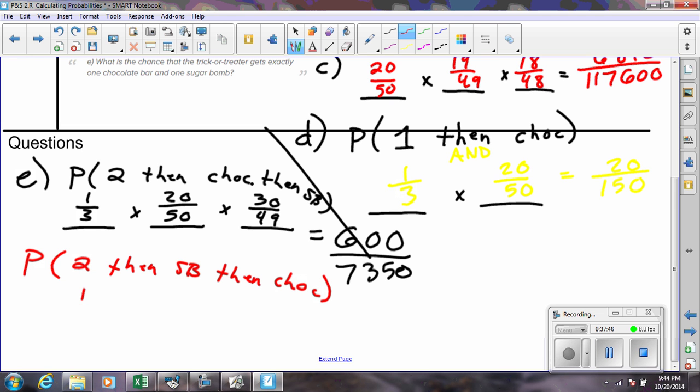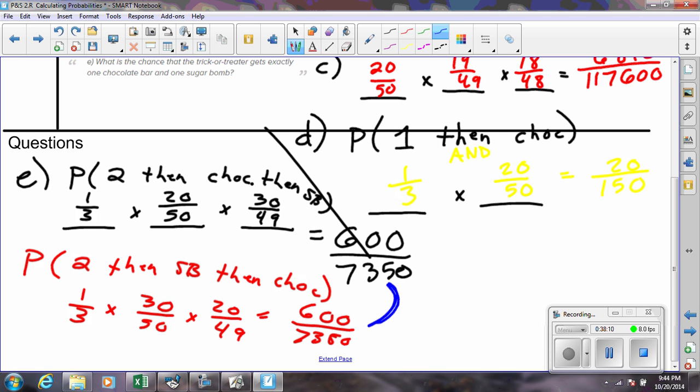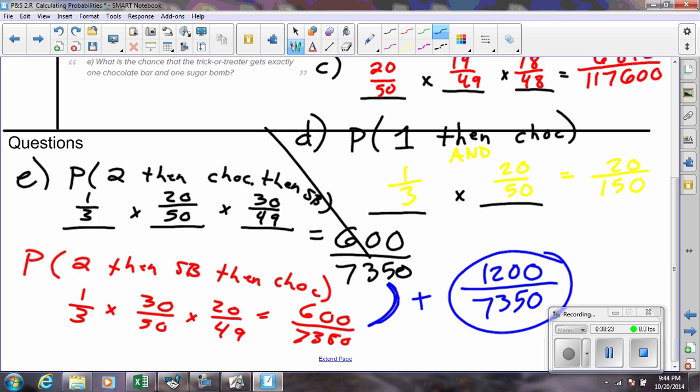Well, probability of getting a 2 multiplied by the probability of getting a sugar bomb, 30 out of 50, multiplied by the probability of getting chocolate. When you multiply all those things out, you get, once again, 600 out of 7,350. Because these are 2 different paths, we have to add them up, which gives us the total probability, 1,200 over 7,350, which again needs to be simplified, but we've got our answer.